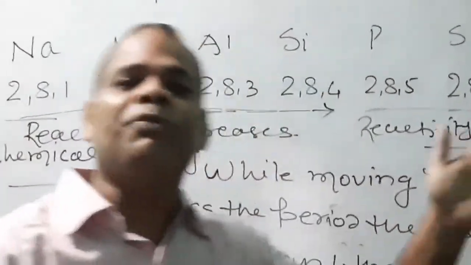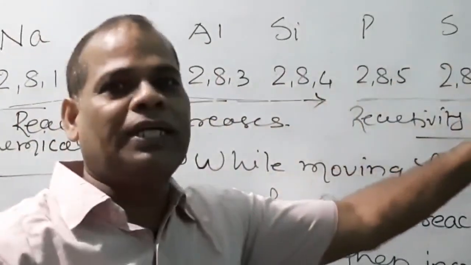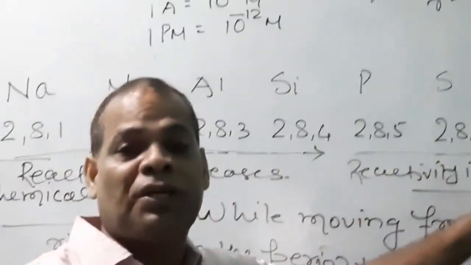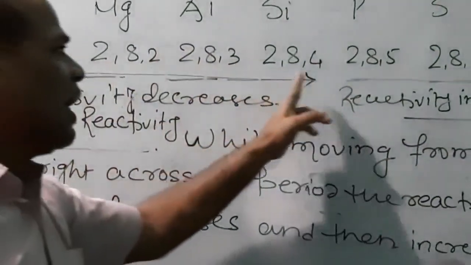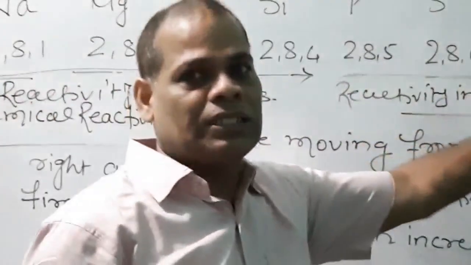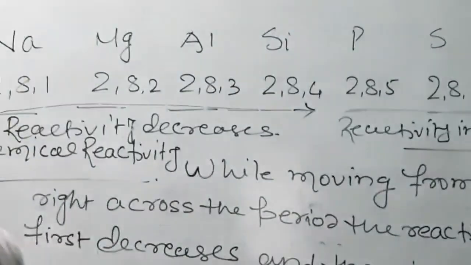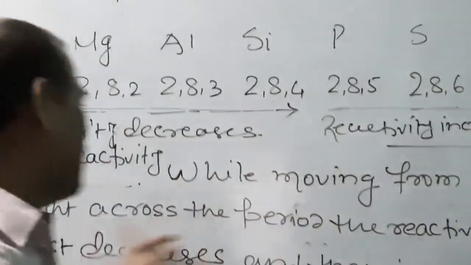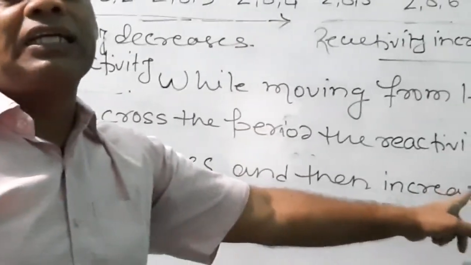While moving from left to right across the period, the reactivity first decreases and then increases. What is the trend of chemical reactivity? While moving from left to right across the period, reactivity first decreases and then increases.